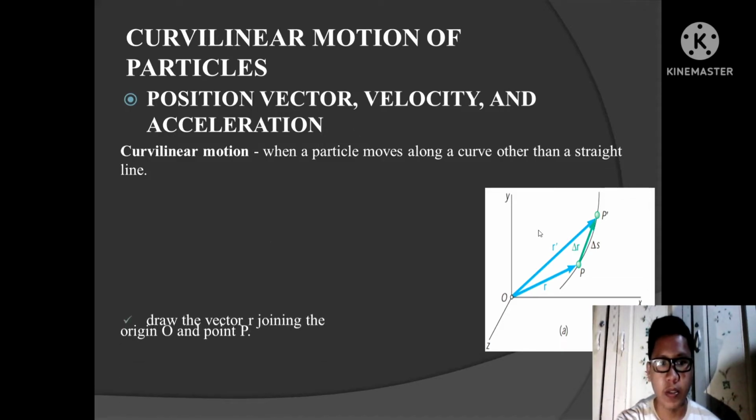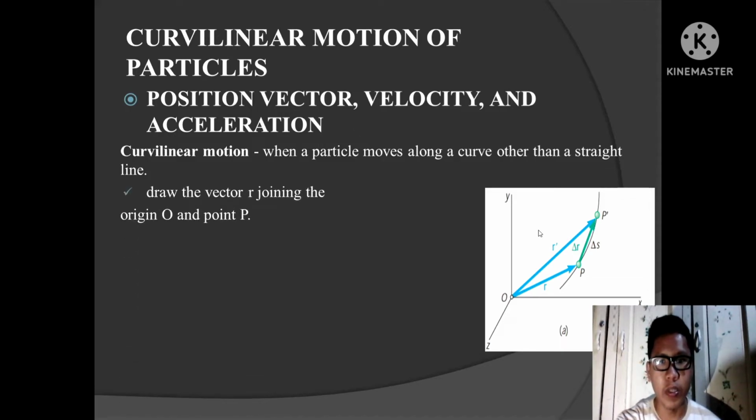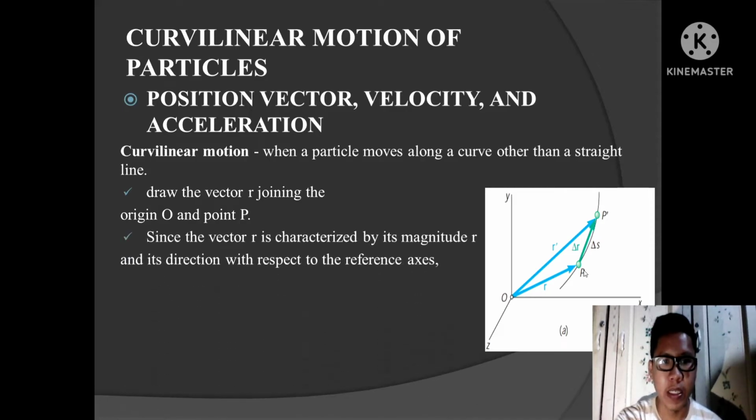figure. So we know that our vector joins the origin O and P. So that's our vector R. The vector R is characterized by its magnitude R and its direction with respect to the reference axis.